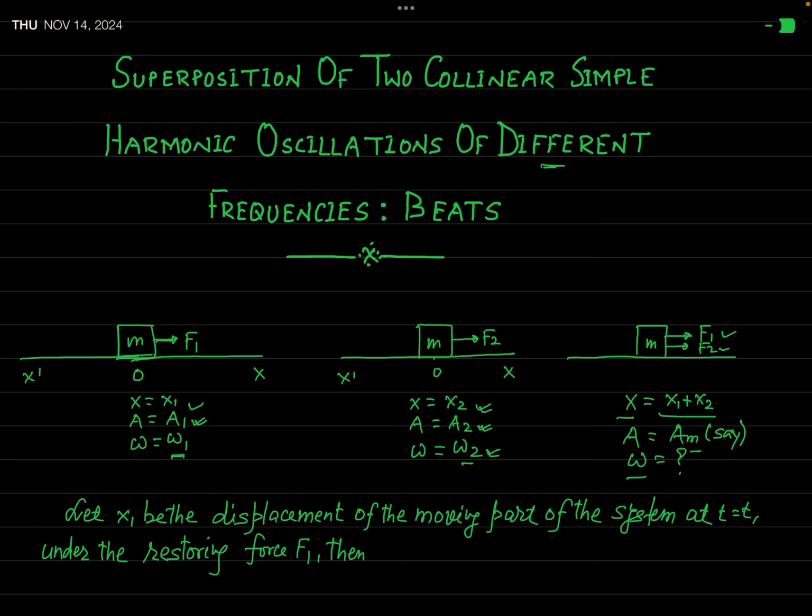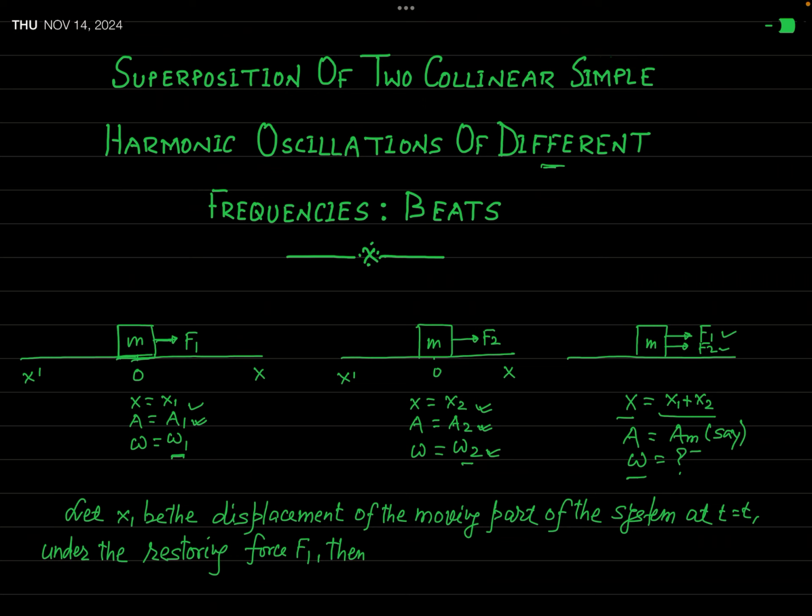We will see later on. So now let us try to find the modulated oscillation after the superposition of the two individual harmonic oscillations acting on an oscillator on the same line. So let us analyze this problem in an analytical or mathematical way.